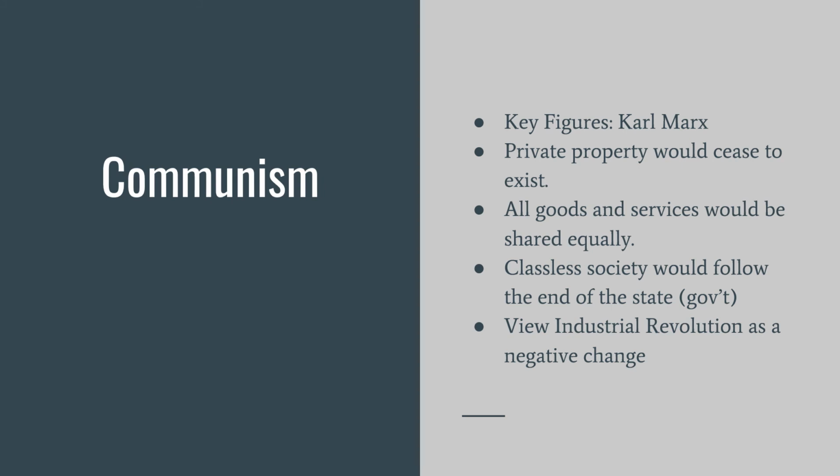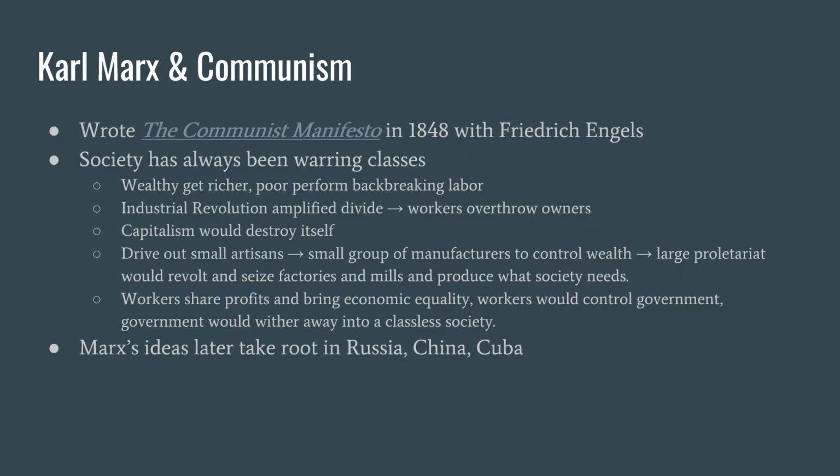When we think about communism, we automatically think of Karl Marx. Some factors around communism: private property would not exist, all goods and services are shared equally, and communists also view the Industrial Revolution as a negative change.